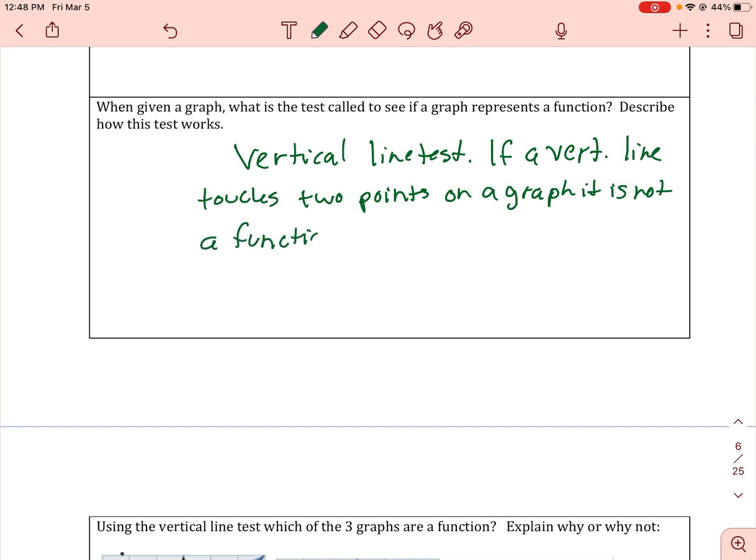But if the vertical line only touches 1 point, then it is a function.